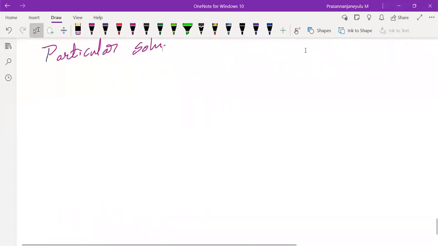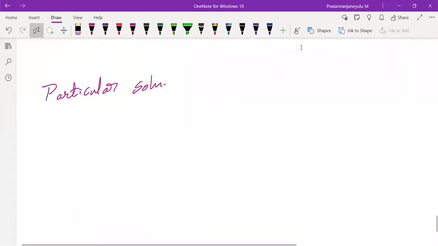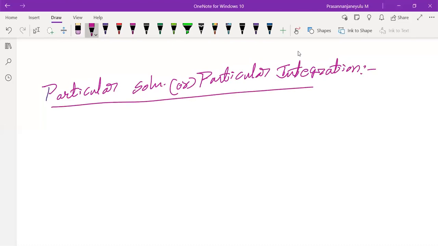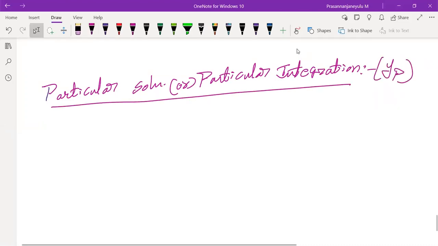So here, the concept of particular solution or particular integration. I'll just give you the introduction of it. This will be denoted with which variable? yp. I'll tell you one more notation also.